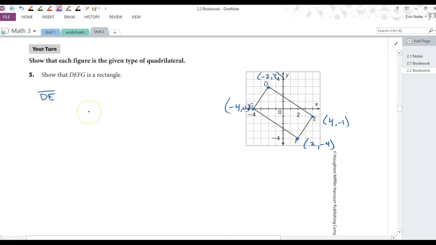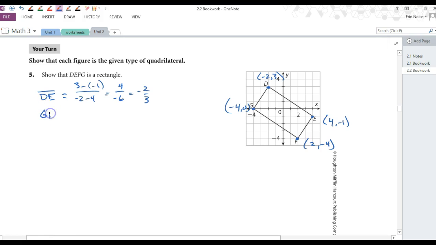Okay, so we're going to find the slope from D to E. So let's go, D is 3 to E, so Y is -1. The X would be -2 minus 4. So 3 plus 1 is 4, and -2 minus 4 is -6, so that would reduce to -2/3. I'm going to go opposite, because I like to do the pairs, I think.